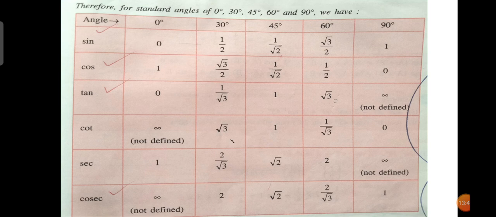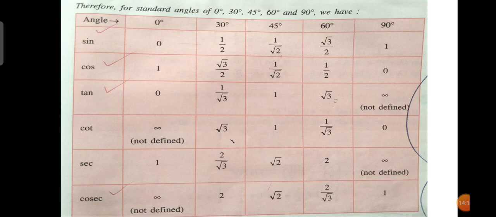The side measures are to be denoted carefully and rightly. So the base is 1, altitude is root 3 and hypotenuse is 2. This is how you can find sin 30 and sin 60.